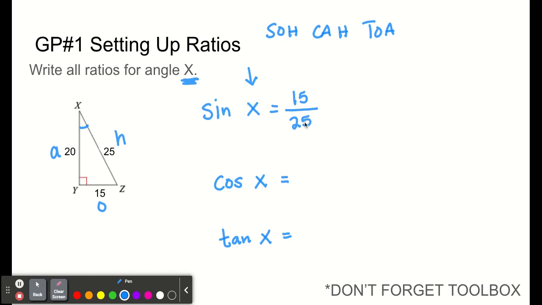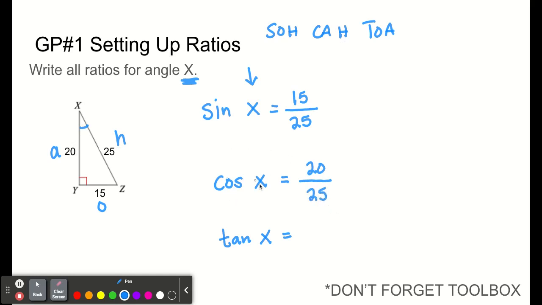Now, you could simplify this, but there's no need to do that. I'm simply looking to see that you are able to set up the ratio of angle x. The cosine of angle x is equal to the side adjacent divided by the hypotenuse. The side adjacent to angle x is here, that is 20, and the hypotenuse again is 25.